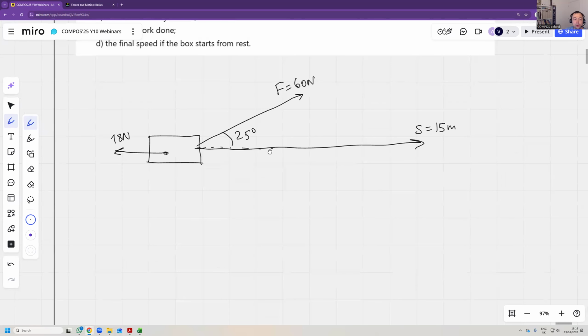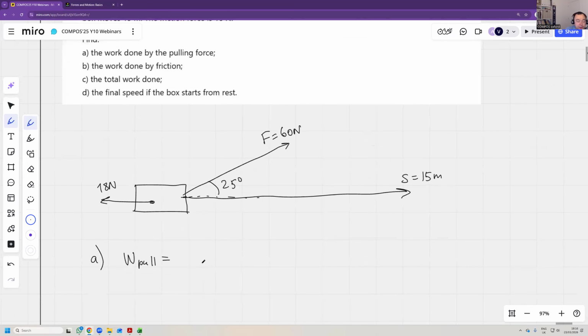Find the work done by the pulling force. So A, work by the pulling force. Well, it's equal to force times displacement times cosine theta.